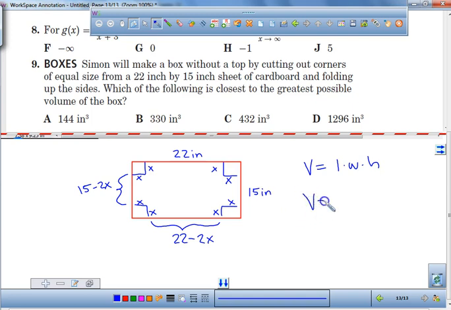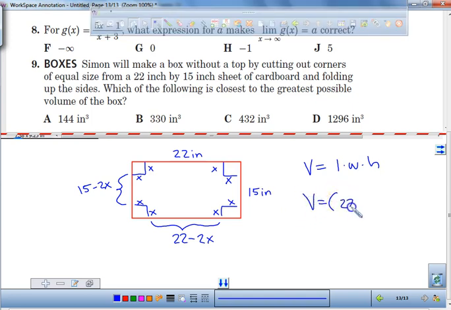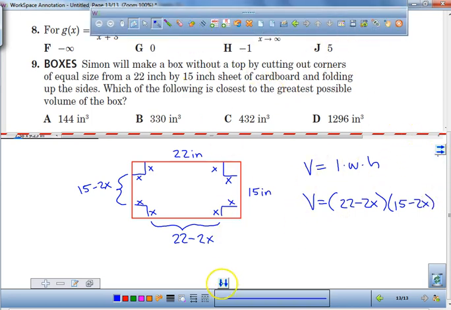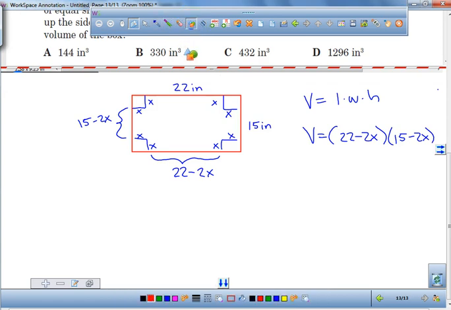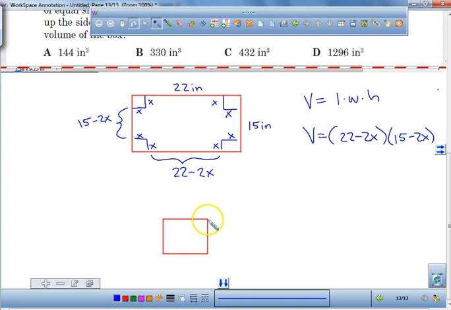So what's the length of the box? The length is 22 minus 2x. What's the width of the box? 15 minus 2x. Now if I created this box, and I'll just draw this box right now. So we have a box, looks like this.